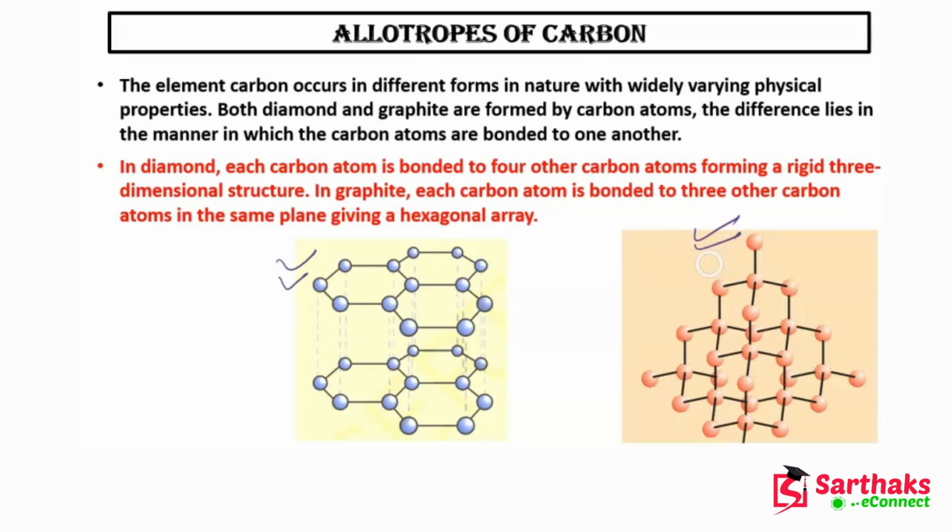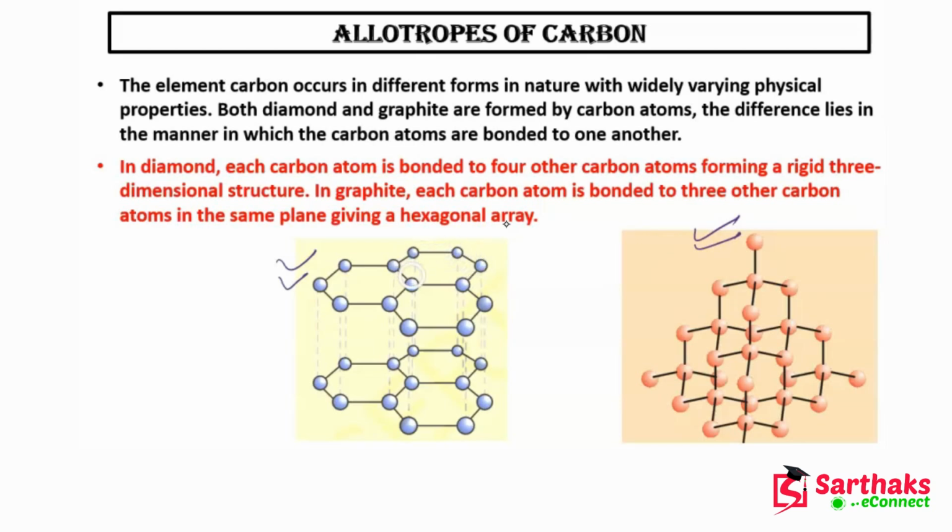And this graphite is present in a hexagonal array. So basically, what is a hexagonal array? You can see here, this is a carbon atom, this is another carbon atom, this is another carbon atom.